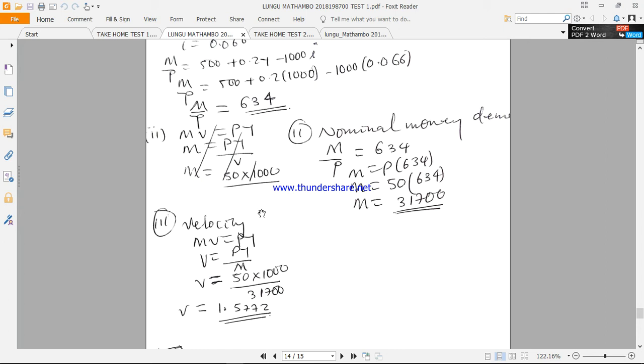So when do you know exactly when to use the price times quantity? Because it's also nominal money demand, right? So when do you know when to use this one, M is equal to PY, and when do you know when to use the M over... We can't use this one because we don't have velocity. Oh, okay. You see that?